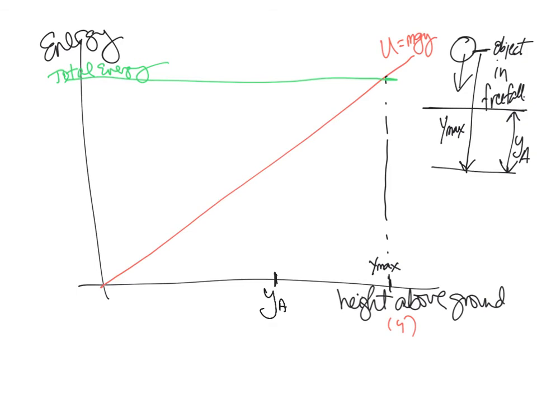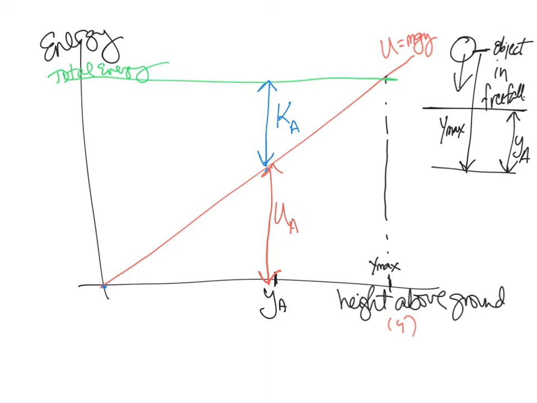The value of the potential energy, U, at point A is given by that function. And so the question is, what is its kinetic energy? Its kinetic energy has to be the difference between the total energy and the potential energy there.